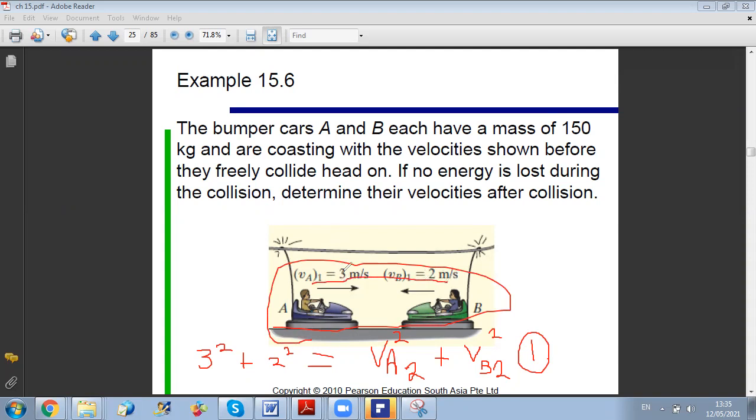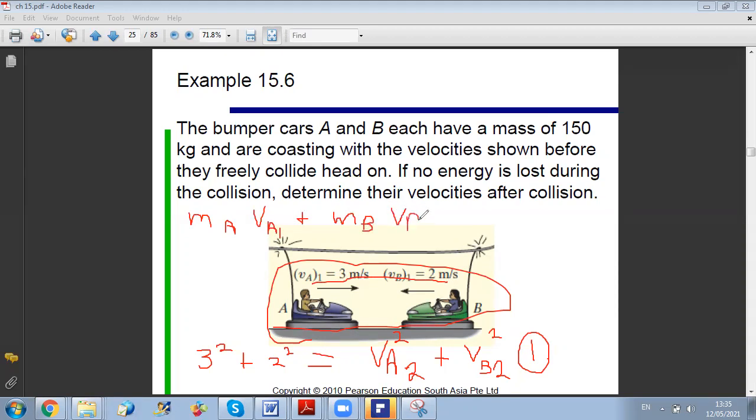Okay? So if you say I will take the whole system, then since the external forces are non-impulsive, okay, then I can apply conservation of linear momentum on system A plus B. Now I can write that mA vA1 plus mB vB1 equals mA vA2 plus mB vB2.